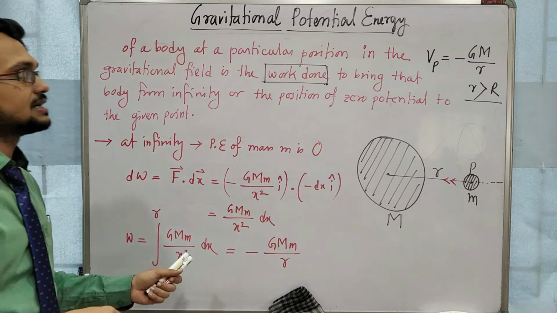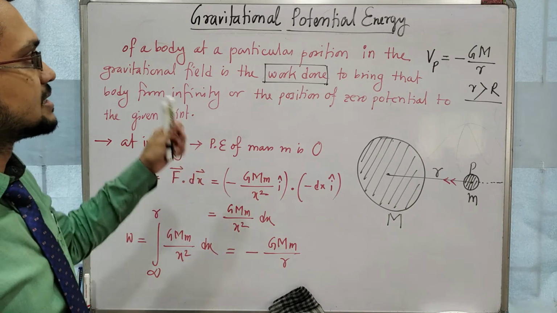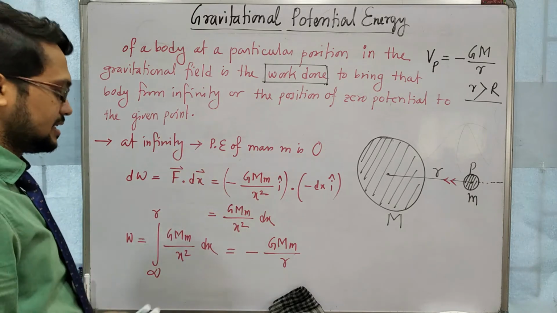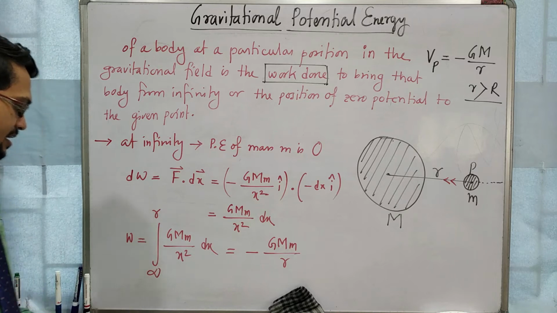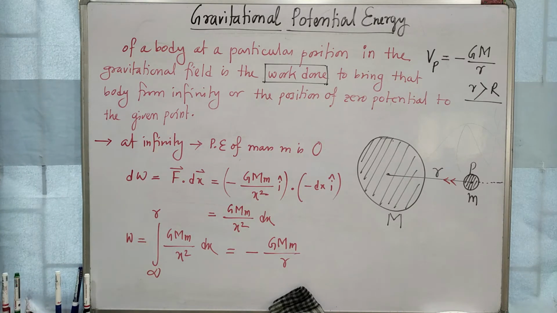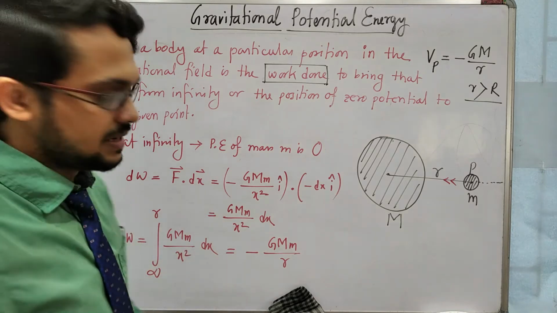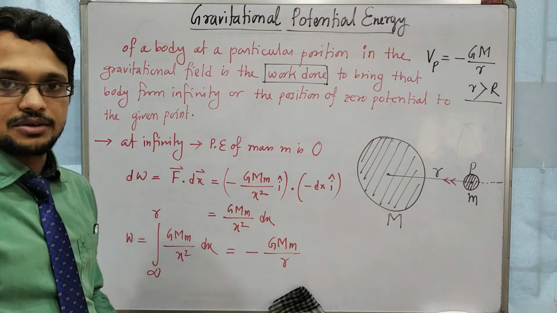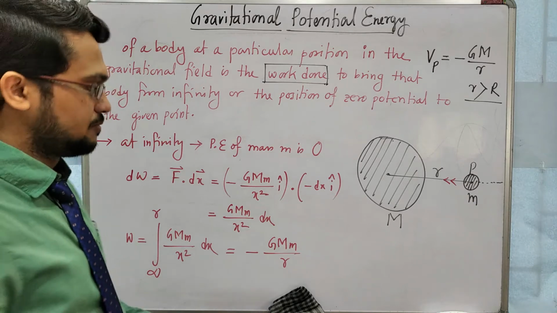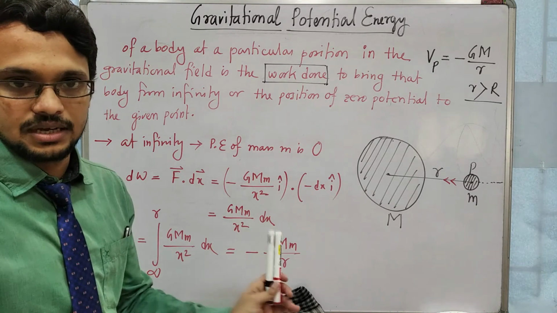I am not showing all the calculation. If you cannot understand here, go to the previous lecture on gravitational potential. There you will understand how we did the integration. So this is the work done to bring that object from infinity. This work is done by the gravitational force; we are not doing any work here.